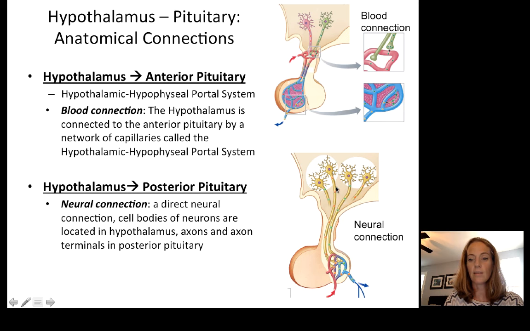Here are these green and red dots for different hormones, and their axons are going to carry those hormones to their axon terminals, where the hormones will be released into the blood, leaving the posterior pituitary. So the posterior pituitary is going to store these hormones until it gets signals from above to release them into the blood. So really all you have in the posterior pituitary are axon terminals and hormones stored that were produced in the hypothalamus.